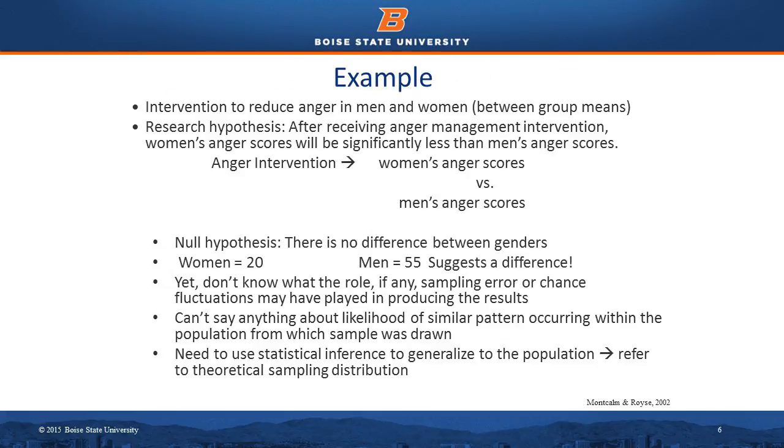The following provides an example of the steps in hypothesis testing. The research hypothesis is, after receiving an anger management intervention, women's anger scores will be significantly less than men's anger scores. Our null hypothesis is, after receiving an anger management intervention, anger scores will not differ between men and women.